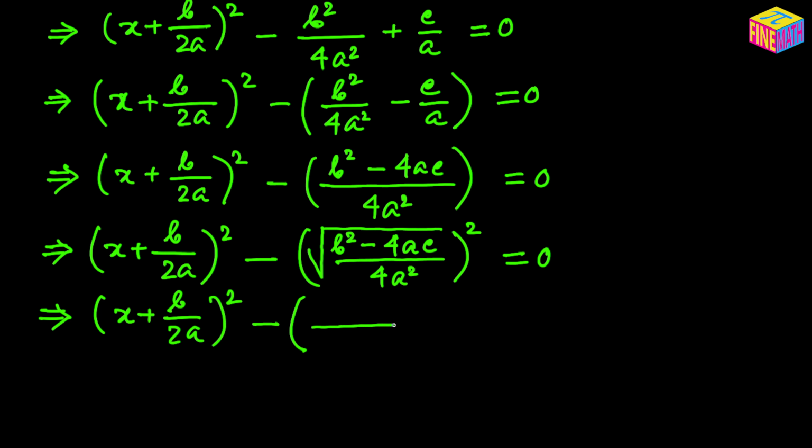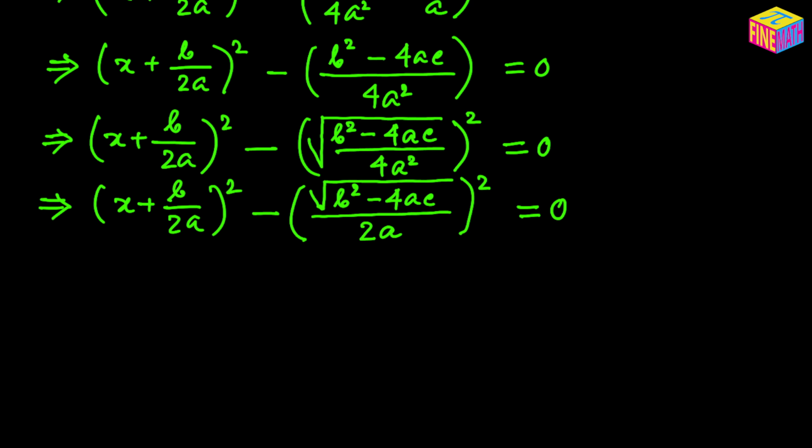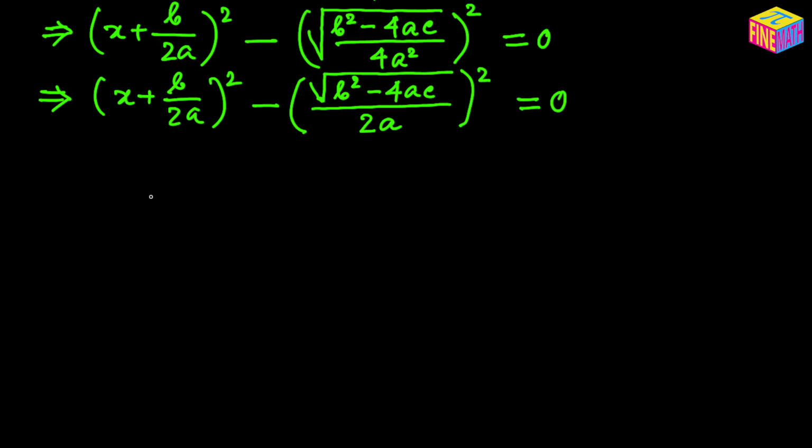So in the denominator I'm going to get rid of the square root, and I'm going to write it as 2a, because the square root of 4a squared is 2a, and then in the numerator I'm going to continue to keep the square root, which will be under the root, it will be b squared minus 4ac and whole square of this, right? That is equal to 0. So now let's scroll down a little more and let's try to simplify further.